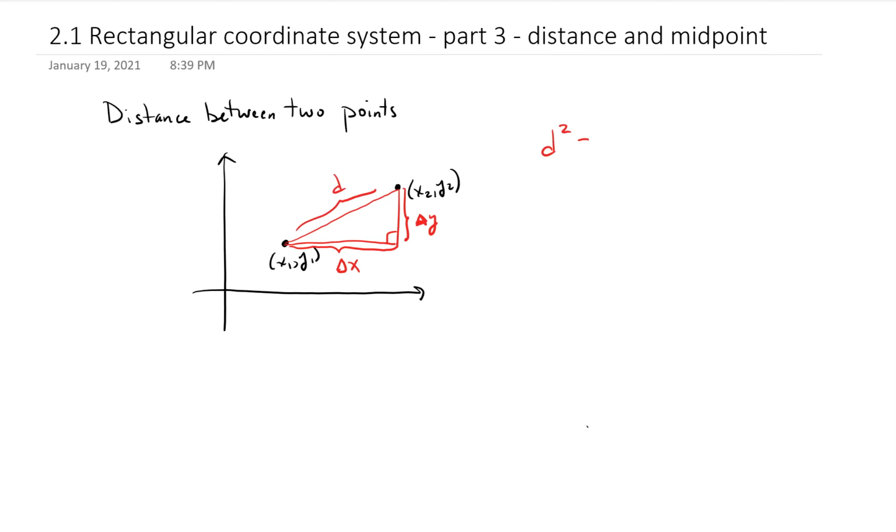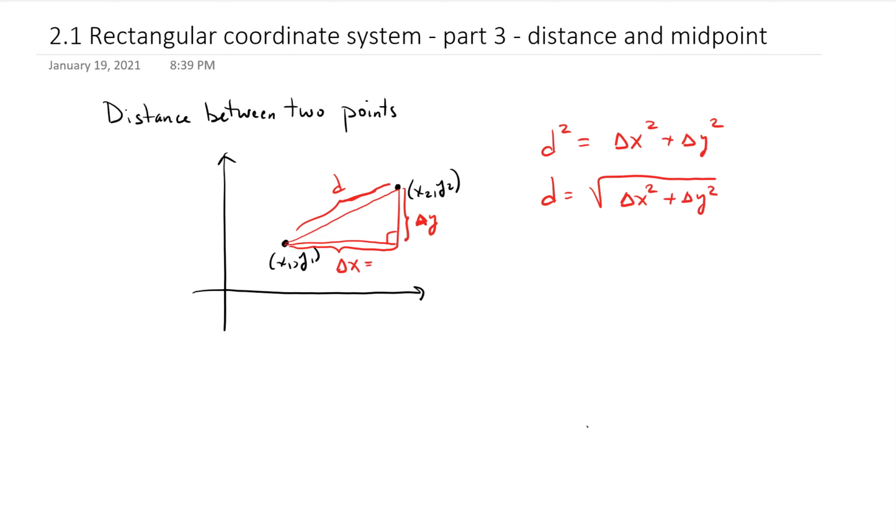And with the Pythagorean theorem, the sum of the squares of the lengths of the 2 legs of that right triangle is equal to the square of the hypotenuse, which is our distance in this case. Okay, and our distance is going to be the square root of delta x squared added up to delta y squared. And what's delta x?